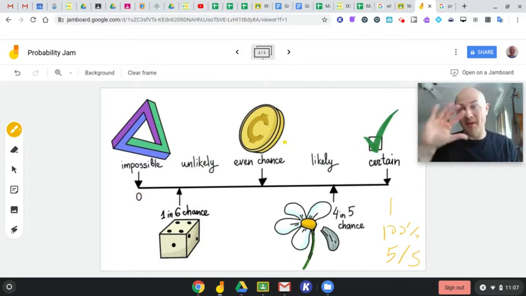Coins, when you flip them, have a 50-50 chance, right? Half tails. We talked about the dice right here having a 1 out of 6 chance. So the lower your number is, like 0.1 would be down here, it's a pretty low chance of something happening. The higher your fraction or decimal amount, the closer it is to the number 1, which is closer to 100%. It's definitely going to happen, or more likely to happen.